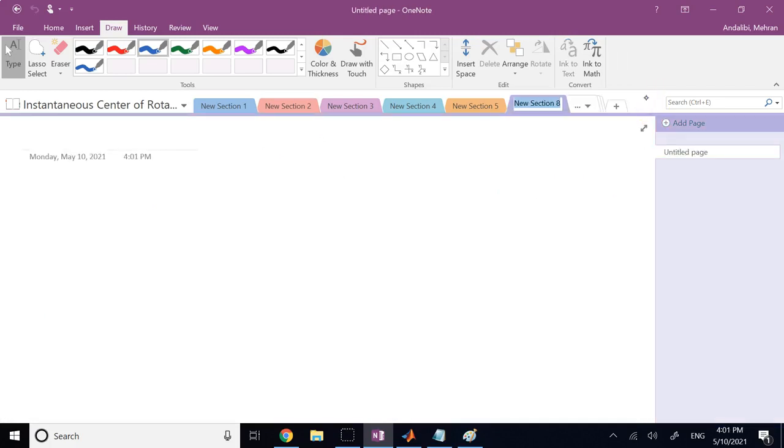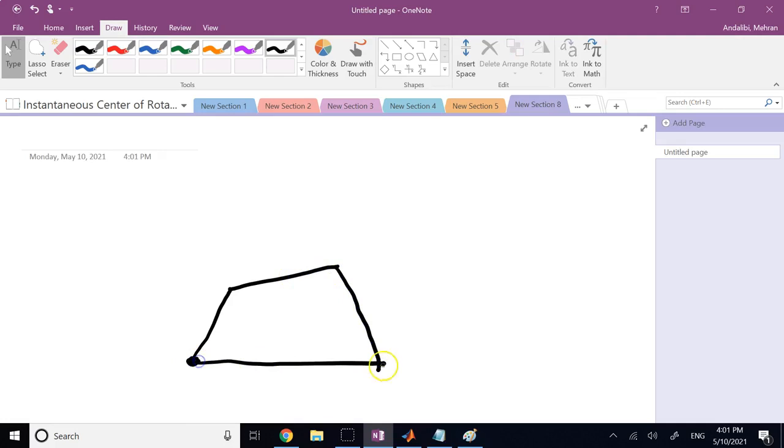So what do I mean by that? So here, let's say this is my 4-bar linkage again. I have 4 pivot points, and they were L1, L2, L3, and L4.